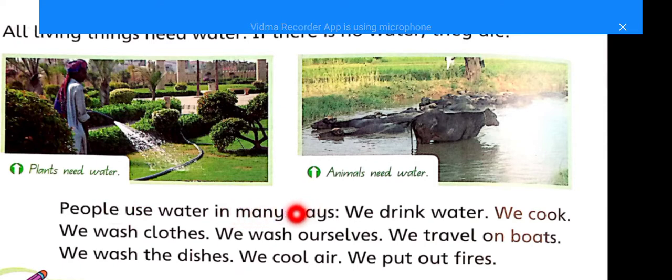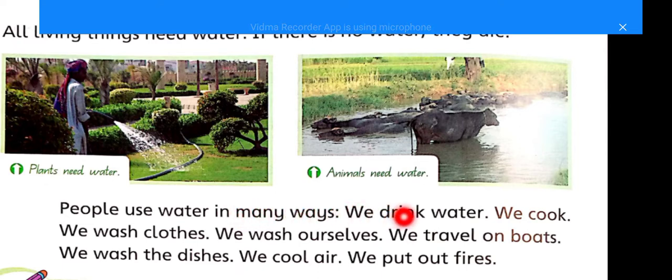When we are taking a bath or we want to wash our face or hands after using toilets, we always use water to wash our hands or our bodies. And you can imagine that if there is no water, we will not be able to wash ourselves, and germs will be on us and in our surroundings also.